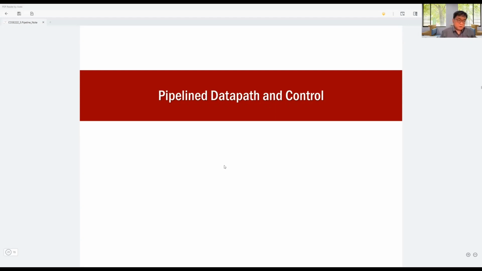In the previous class, we learned about how to implement pipelining in the real RISC-V processor design.